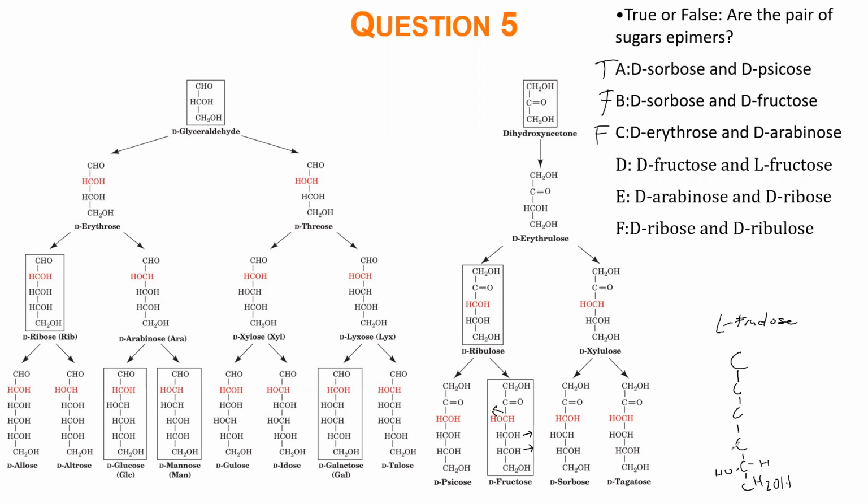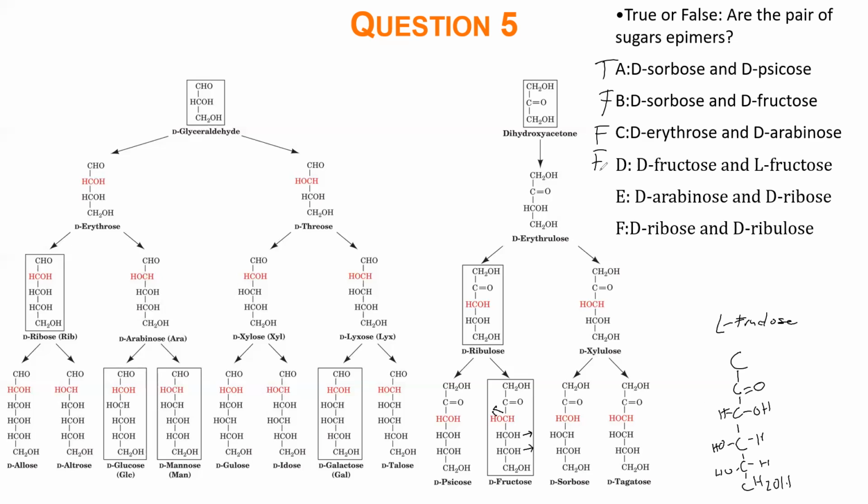So if I'm L-fructose, I have to follow that. So the chiral carbon right above it has to point in the same direction. And then this one has to point in the opposite direction. Then we have our carbonyl. So that's L-fructose. So they differ in every single chiral carbon. So that is false. They are not epimers.